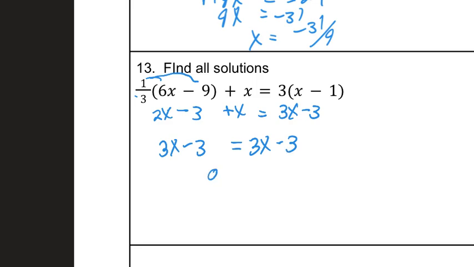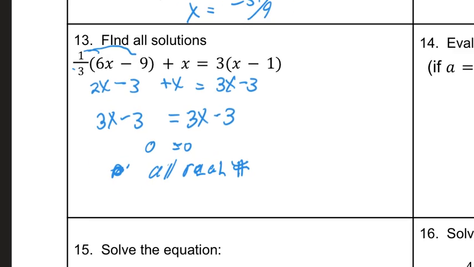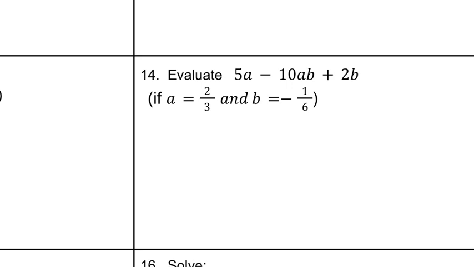You get 0 equals 0, and it's always true. So all real numbers.